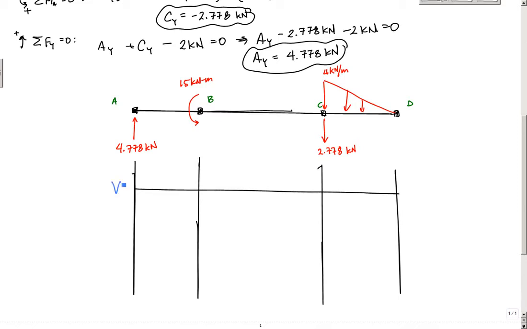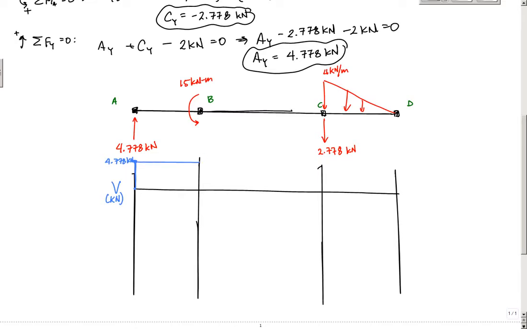The shear diagram is a story, right? You start from 0 here. You have a concentrated load of 4.778 kilonewtons, so let's make sure all these units are in kilonewtons. I jump up to 4.778 kilonewtons. I follow the arrows, if you will, the story. Here I have no other concentrated forces that influence my shear, so I just go straight across.